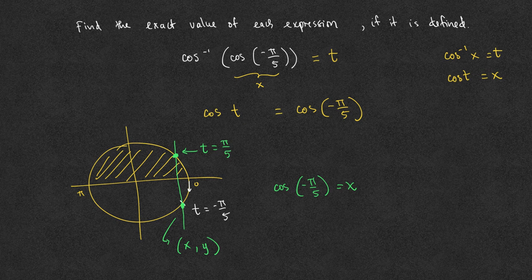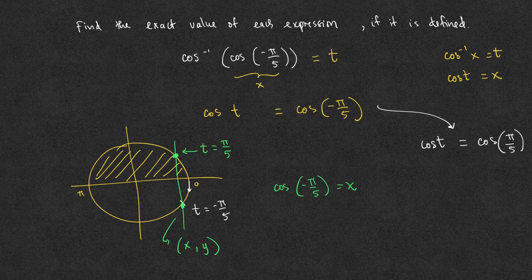Another way to look at this problem is that after we rewrite it, we have cosine of t equals cosine of negative pi over 5. But cosine is an even function, and so we can write this as: the left hand side is cosine of t and the right hand side is cosine of pi over 5.